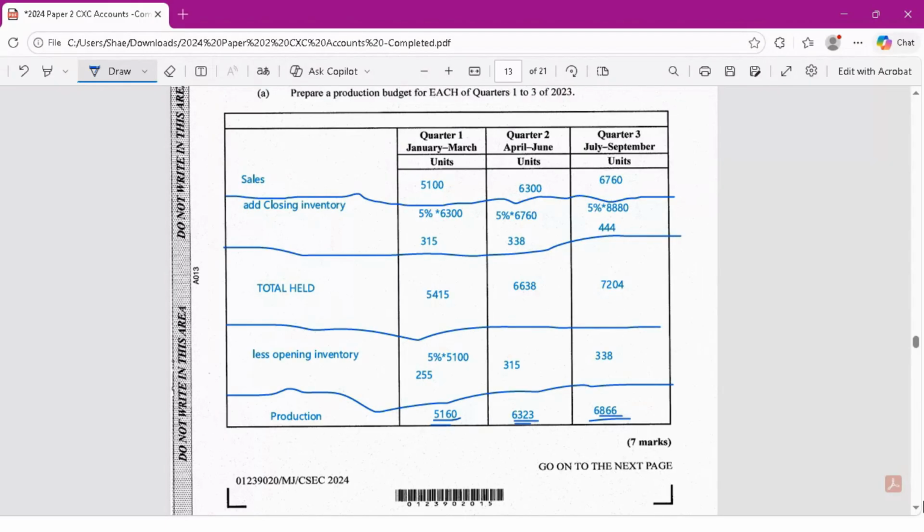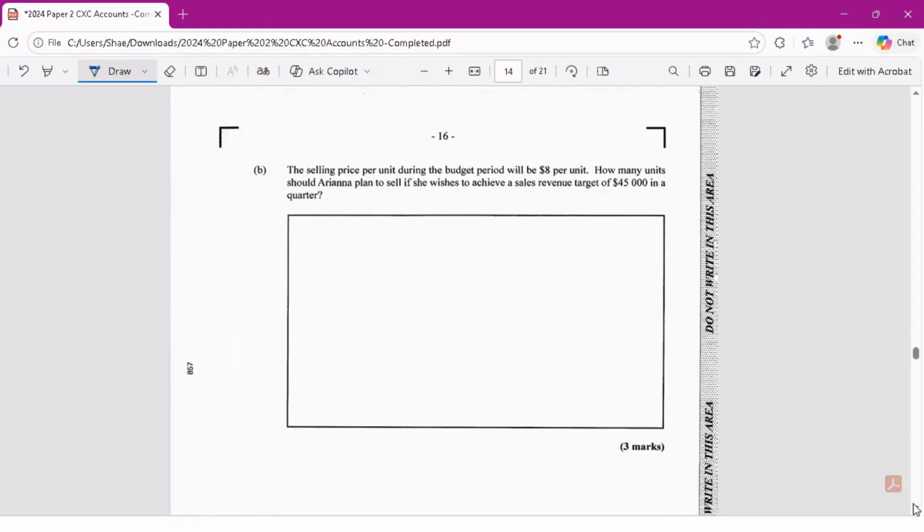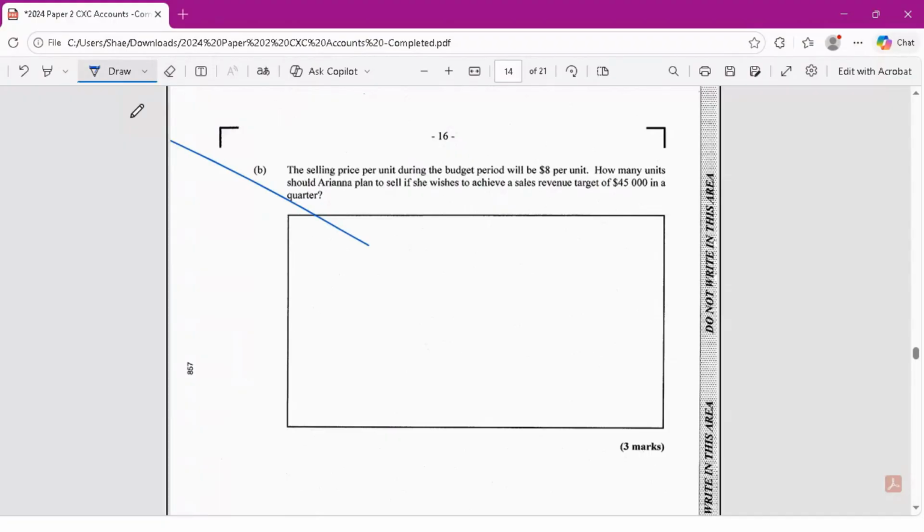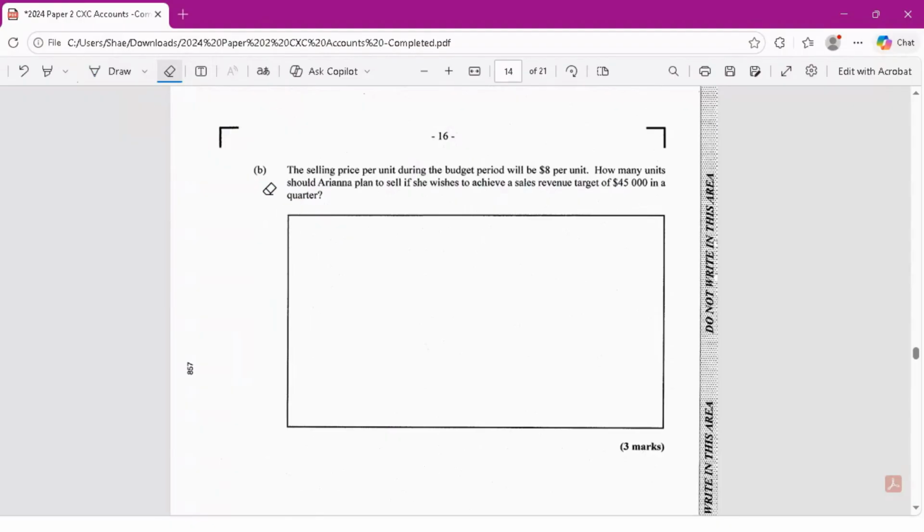Alright, so moving on. The selling price per unit during the budget period will be $8 per unit. How many units should Ariana plan to sell if she wishes to achieve a sales revenue target of 45,000 in a quarter? So therefore, we are going to divide 45,000 by the selling price to tell us how many units Ariana should sell.